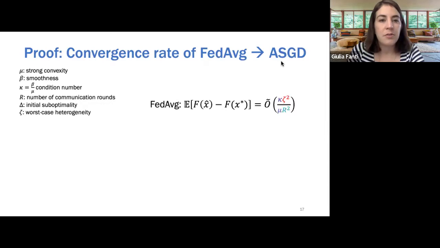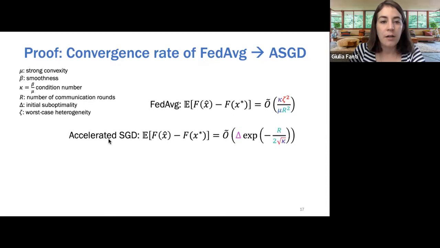So to show the convergence rate for FedAvg to ASGD, we start with a convergence rate of FedAvg. Okay, so remember I showed you this earlier, this expression, and here all the notation is shown on the left-hand side. And for our global algorithm, we're using accelerated SGD, which has this convergence rate, which we also saw earlier.